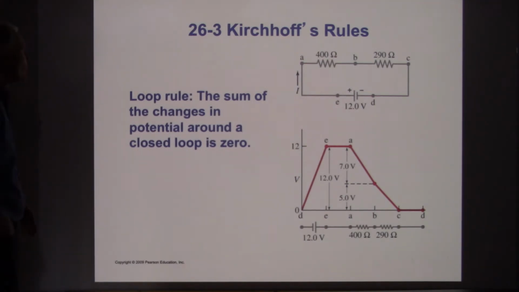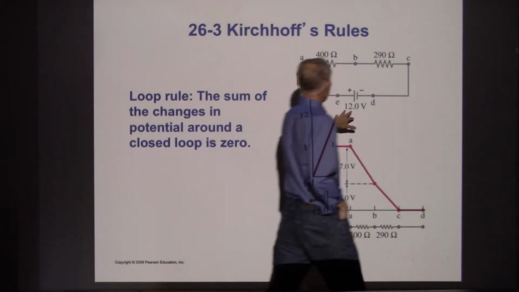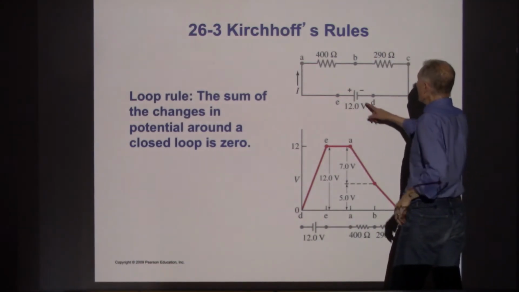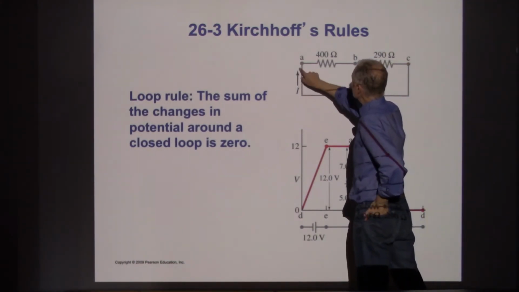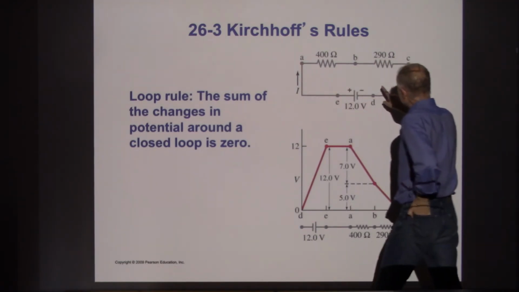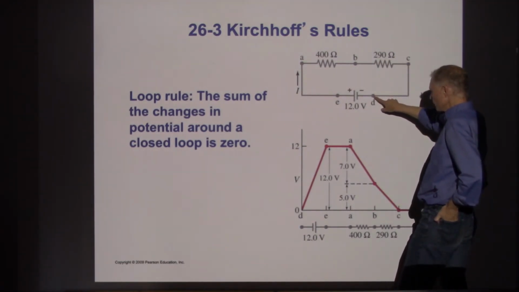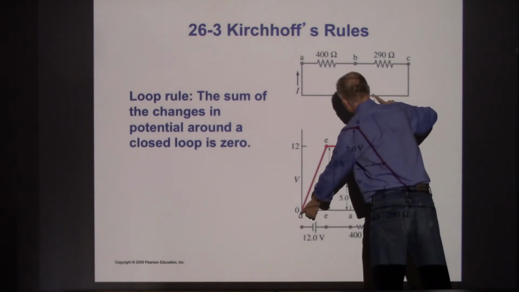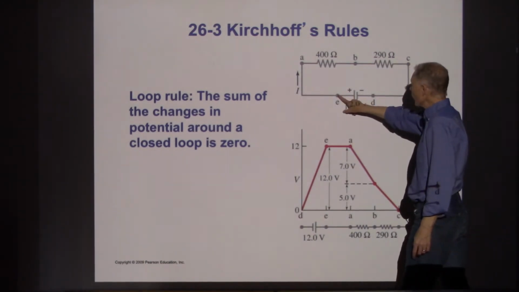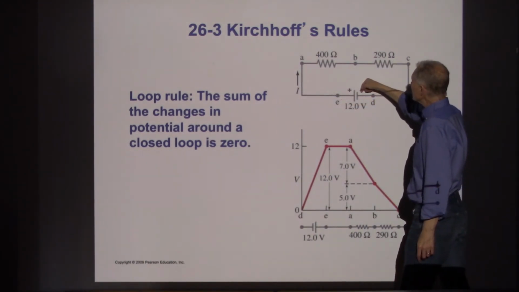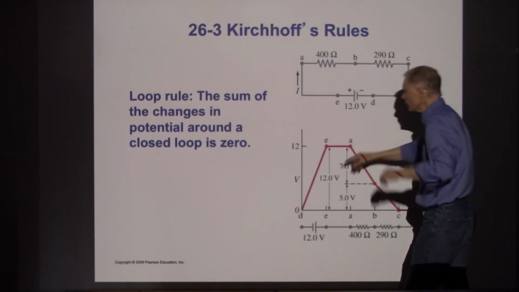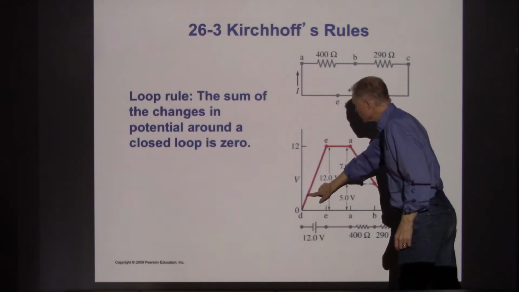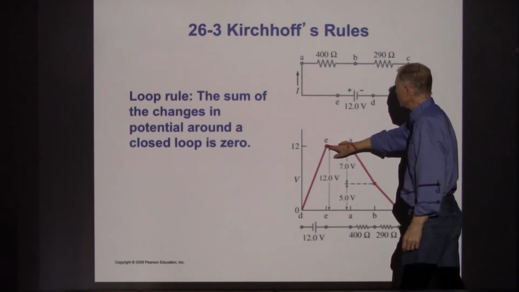So here is my 12-volt battery, and if I have a 12-volt battery here, what I can do is go around the circuit and say, all right, if point D is at 0 volts, then by the time I'm at point E, the battery has raised my voltage. That's a voltage boost, and the battery has raised my voltage by 12 volts.